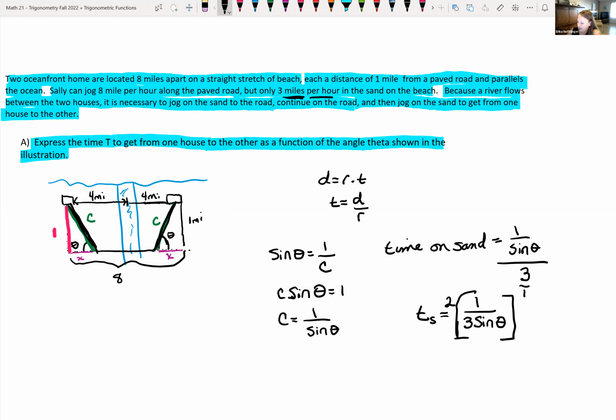Then we have this other piece in here. We know that the whole horizontal distance is 8. So if we could figure out what this x is, that's the same as the x over here. So the distance in here is 8 minus 2 times x.